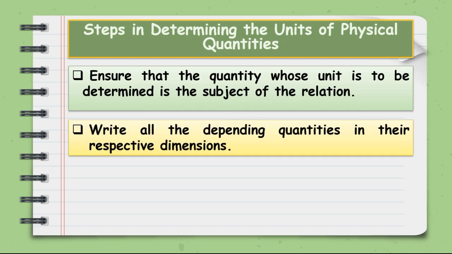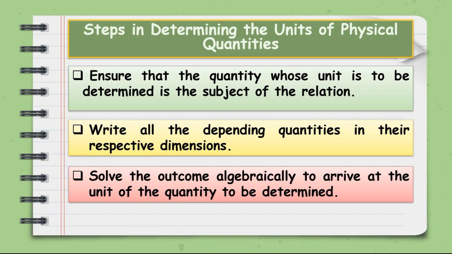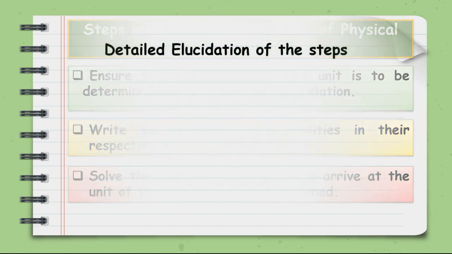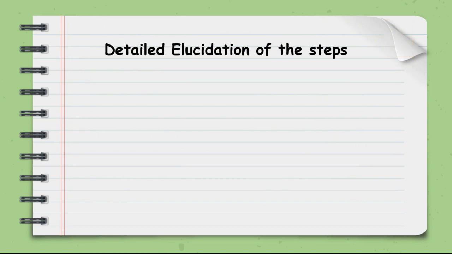Secondly, you then write the dependent quantities in their respective dimensions. And lastly, you solve for the outcome algebraically in order to arrive at the unit of the physical quantity to be determined. Now, let's look at these three steps in a detailed manner.